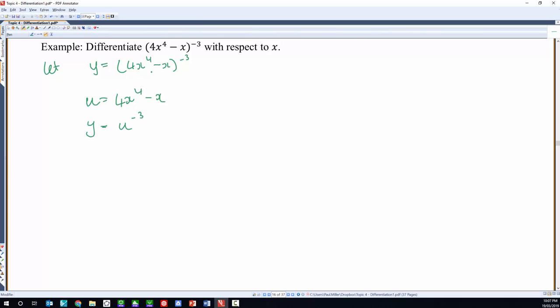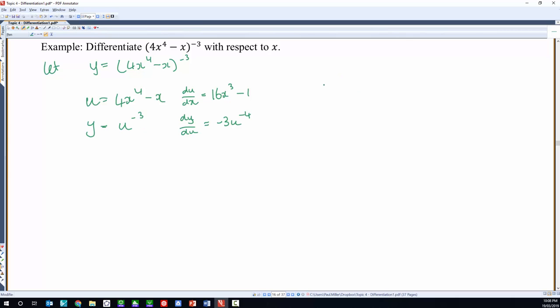It's whatever this is, the inner function, to this, and that will be the outer function. Now let's derive du dx, the inner function, which is 16x to the 3, take 1, and let's derive the outer function, which is dy du equals negative 3u to the neg 4.